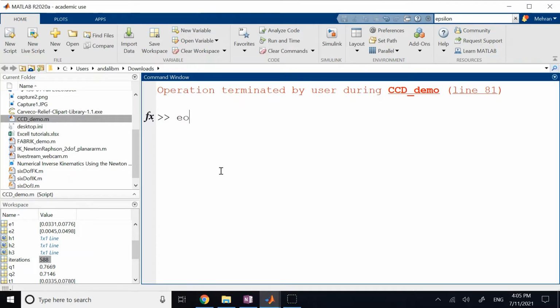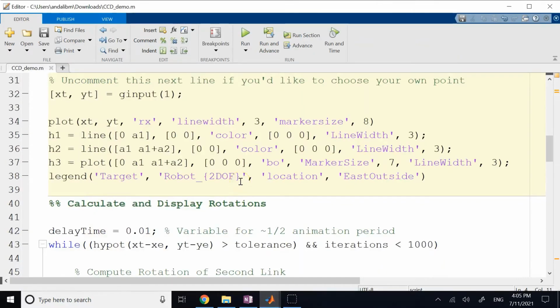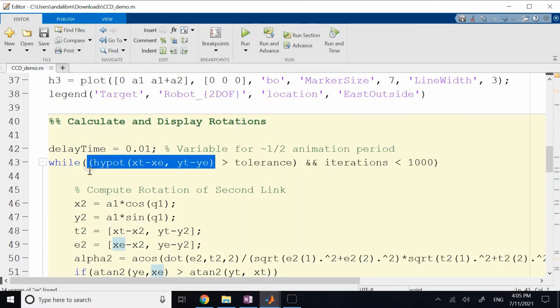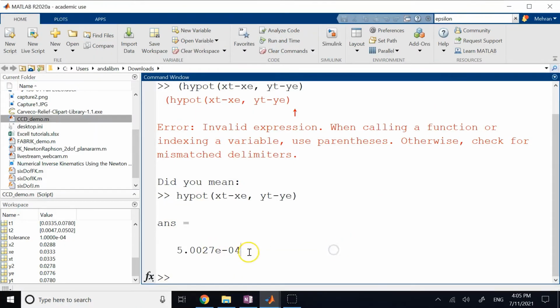If I look at the last value of the error, it is 5 times 10 to the negative 4, not 1 times 10 to the negative 4. So I got very close, but it's still not there.